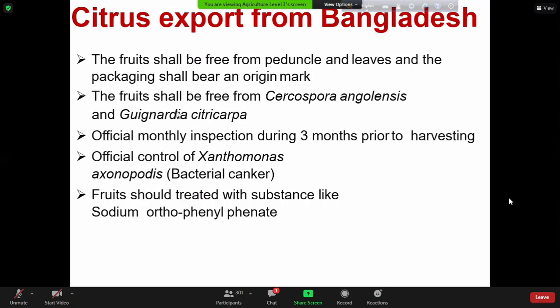So they declared that the fruit shall be free from these pathogens, shall be free from peduncle and leaves, and packaging shall carry an origin mark that is Made in Bangladesh. And the fruit should be treated with a substance like sodium orthophenylphenate before export.